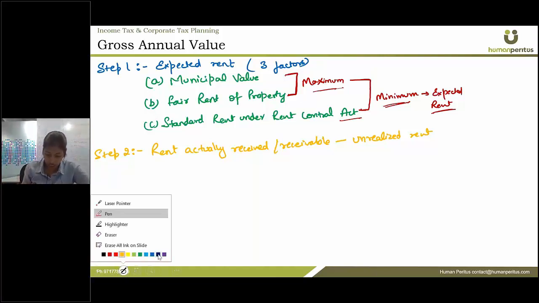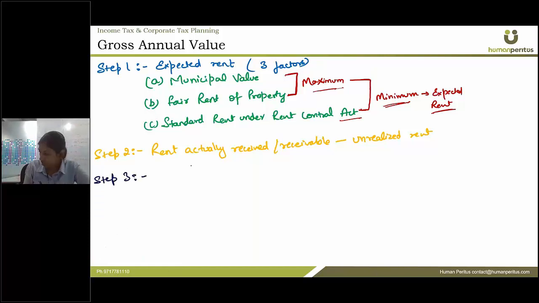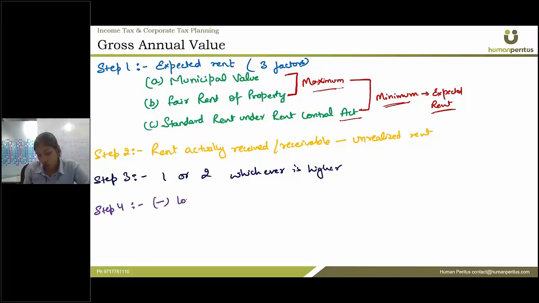Then in step 3, step 3 is 1 or 2, whichever is higher, will be considered. Then step 4 is whatever the value comes in step 3 minus loss due to vacancy.